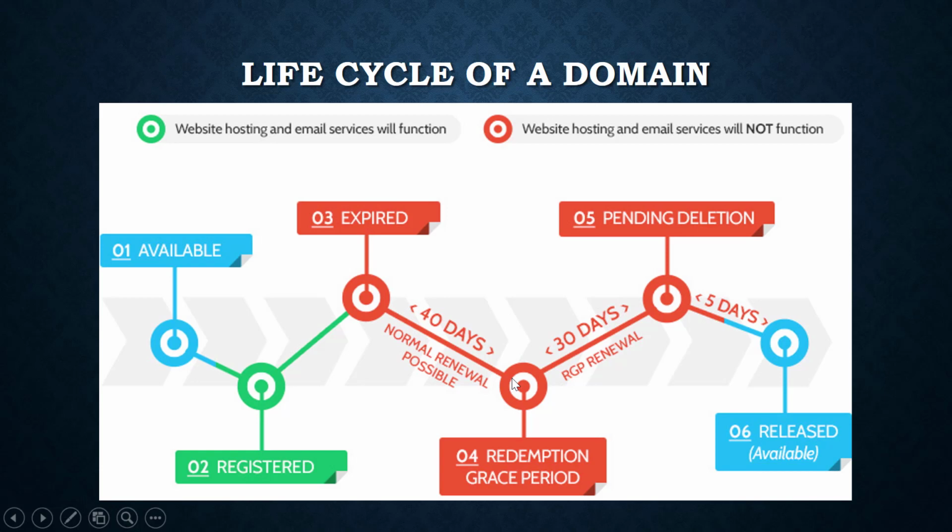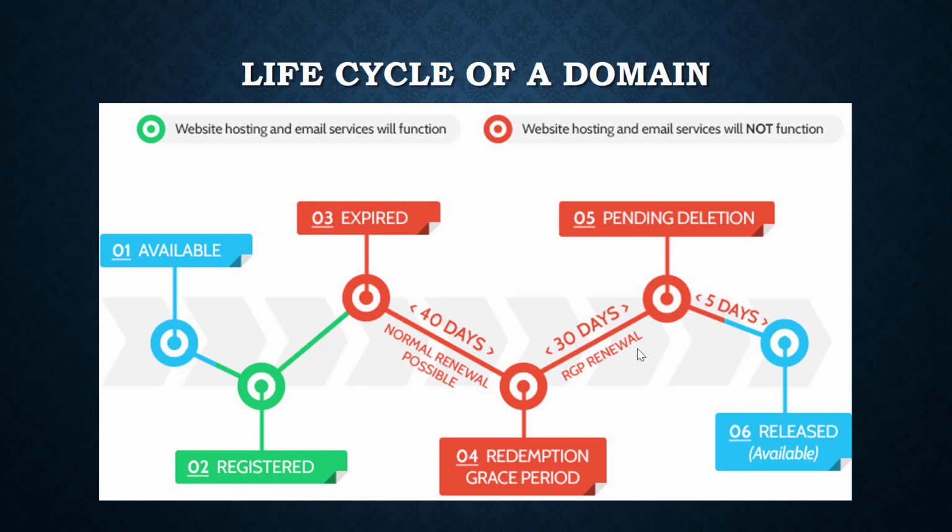After these 40 days, if you don't renew it, there is another phase called the redemption grace period, RGP. In this they will give you another 30 days, where you can pay some additional amount, usually $300 to $500 depending on the extension.